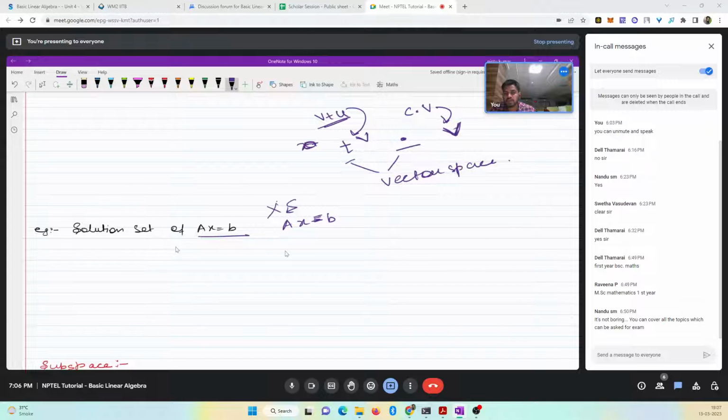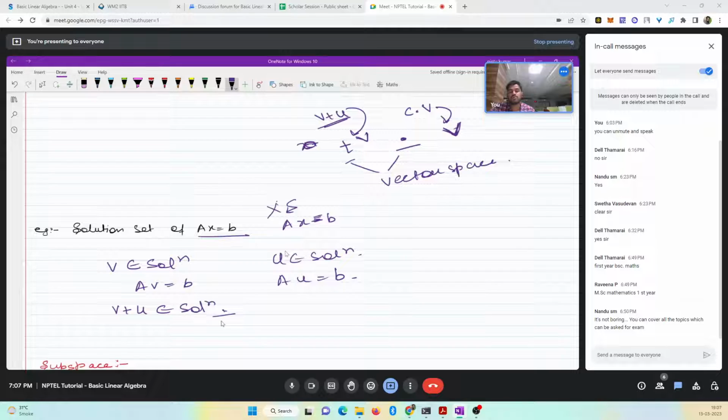Okay. So if you look at the solution space, let's say Ax is equal to b. So let's say v belongs to this solution set, so Av is equal to b, and let's say u also belongs to the solution set, so Au is also equal to b. Now you need to check whether v plus u belongs to your solution set or not.